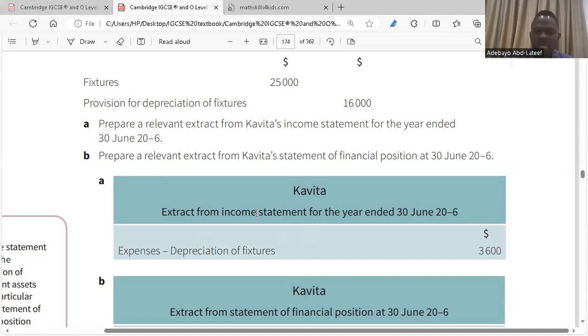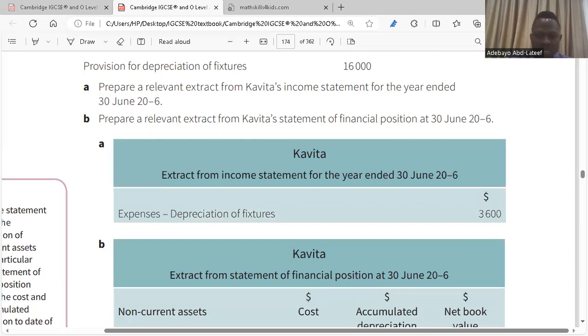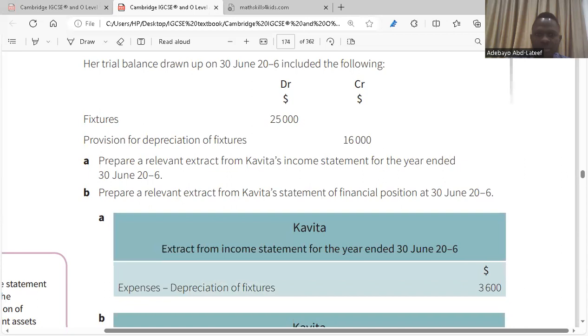They said the extract from the income statement for the year will be 3,600. Why is it 3,600? The provision for depreciation made was 16,000, and the fixtures are 25,000.